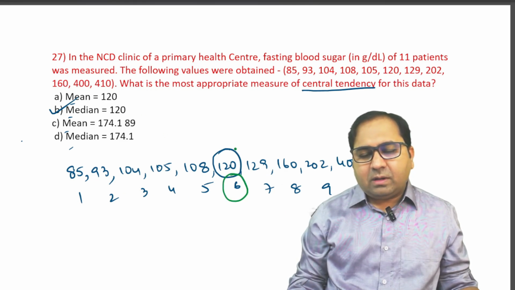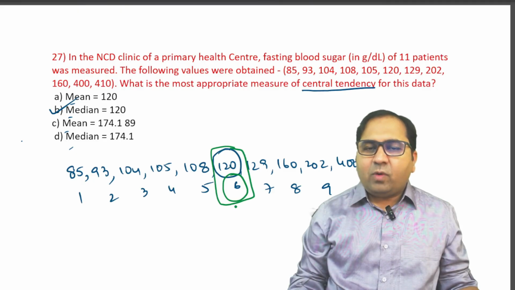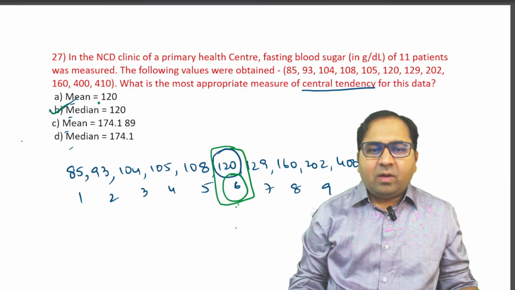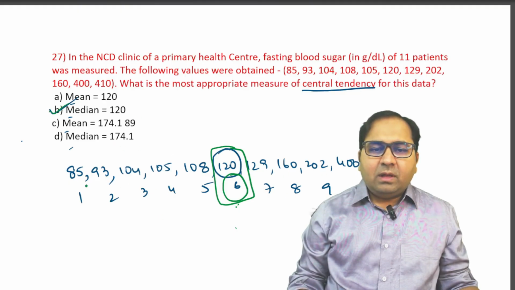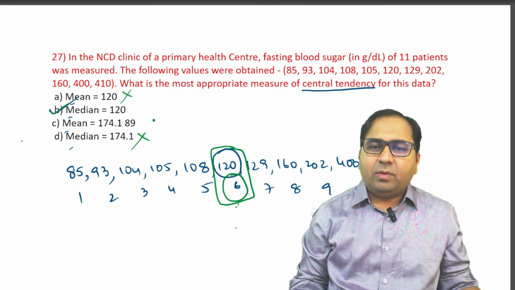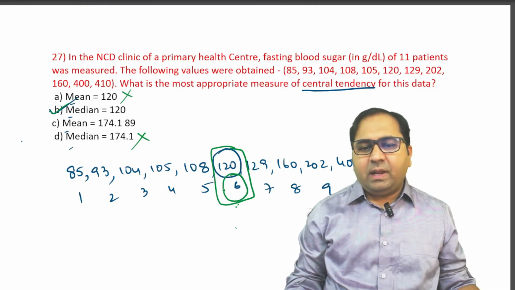So the options given in the question are matching with what we have calculated over here. Therefore the answer is median of 120, because median of 174 is not at all present over here, so this option is wrong. Mean of 120 is also wrong. And if you calculate the mean, it will not be 174. I have done it, even you do it for yourself. Okay. So the answer is median 120.